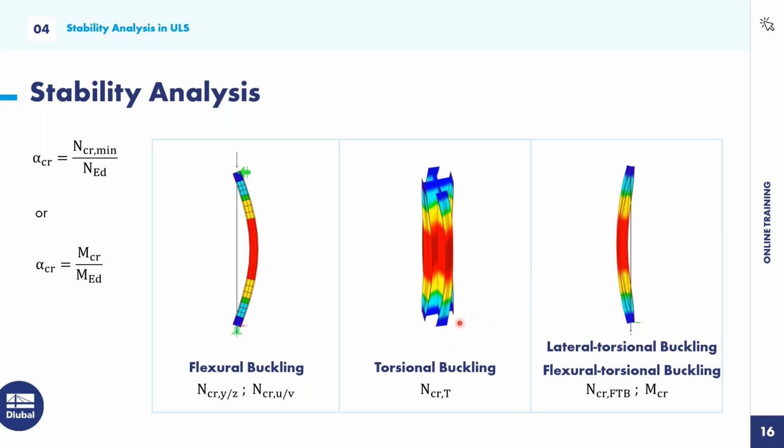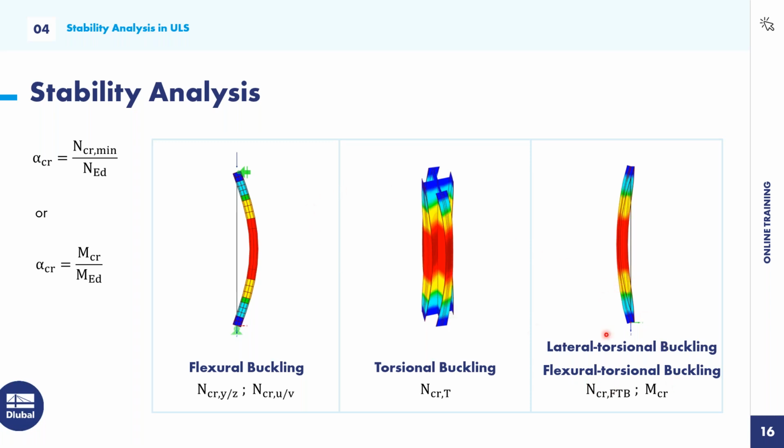Now let's come to the torsional buckling. The torsional buckling appears on point symmetrical cross-sections, such as this cross-section. Here we have a pure rotation around the longitudinal axis of the cross-section under compressive normal force. And a combination of both of these is the lateral torsional buckling or the flexural torsional buckling.